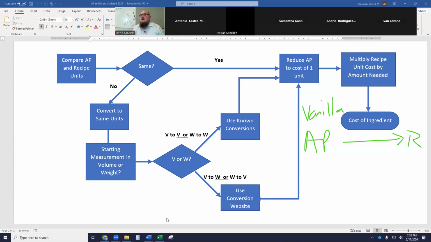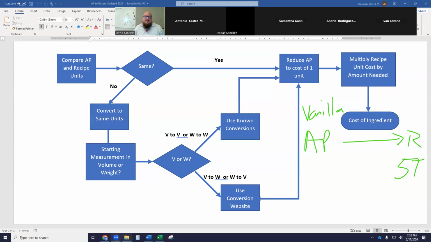What do you think? Yeah, but how much are we going to use in our recipe? Just make up a number. 5 tablespoons? Yeah. Okay, cool. 5 tablespoons of vanilla.